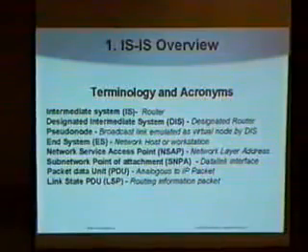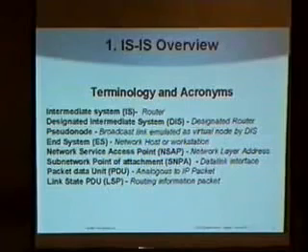The other terminology here is pseudo node, which stands for a sort of emulation of your broadcast LAN. So a DR plays the role of what we call a pseudo node. In ISO, all your routers are intermediate systems, and they are referred to as nodes in a network, so the pseudo node implies some virtual node.